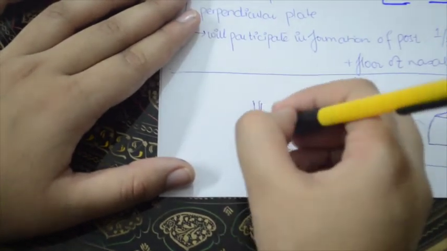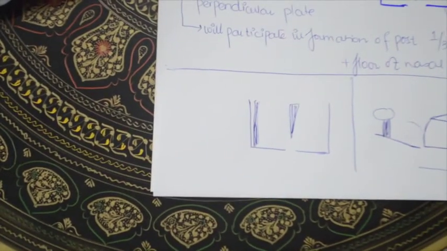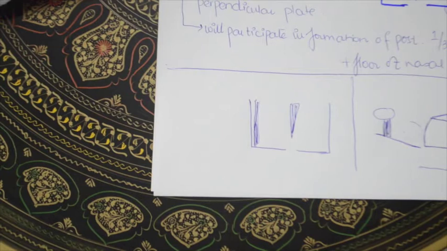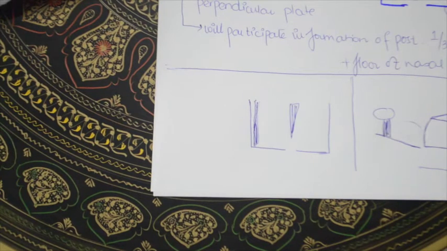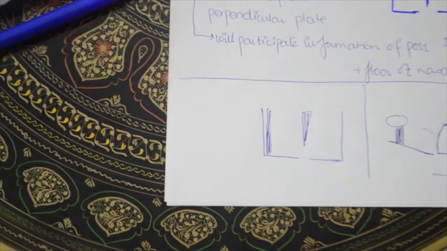I won't be able to draw these properly, but there are two canals, the lesser palatine canal and the greater palatine canal. The greater palatine canal passes the greater palatine nerve and vessel, while the lesser passes the lesser palatine nerve and vessel. The oral cavity can communicate through these to the pterygopalatine fossa.